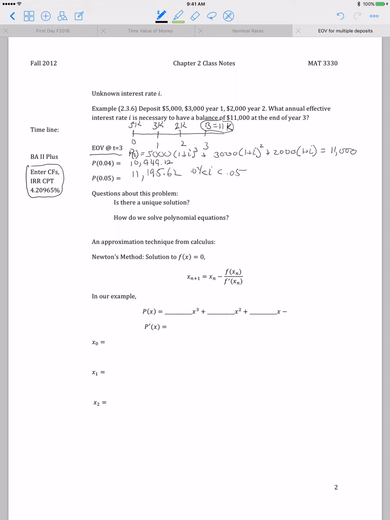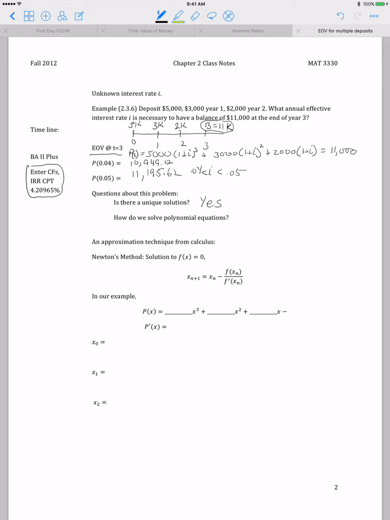First of all, this is a polynomial equation in 1 plus i. We have powers of 1 plus i on the left side. It's a cubic equation. So we can ask the question, is there a unique solution? And it turns out that there is a unique solution to this. And the answer to that question being yes, we're going to have to study some theory from algebra, just from the theory of equations, as to why this would have a unique solution.